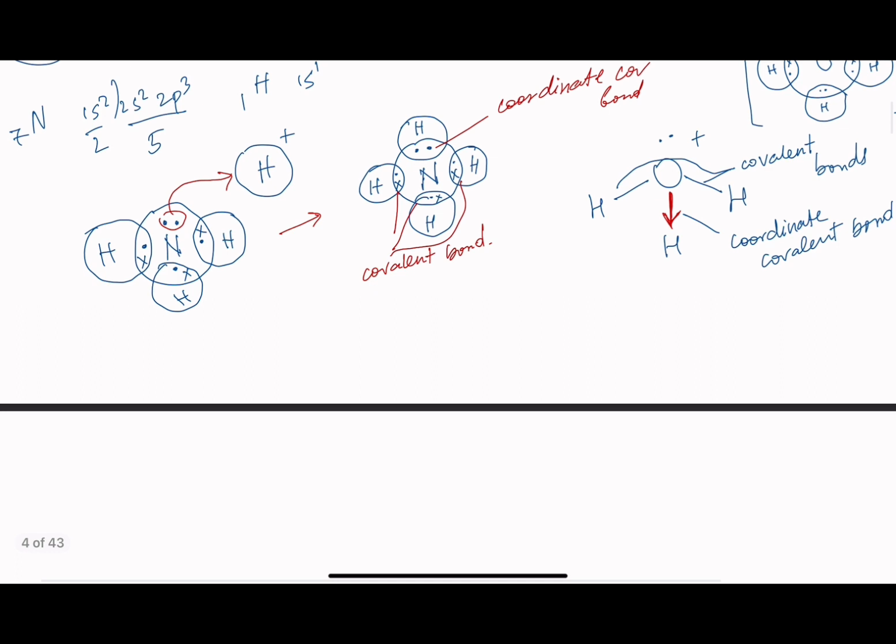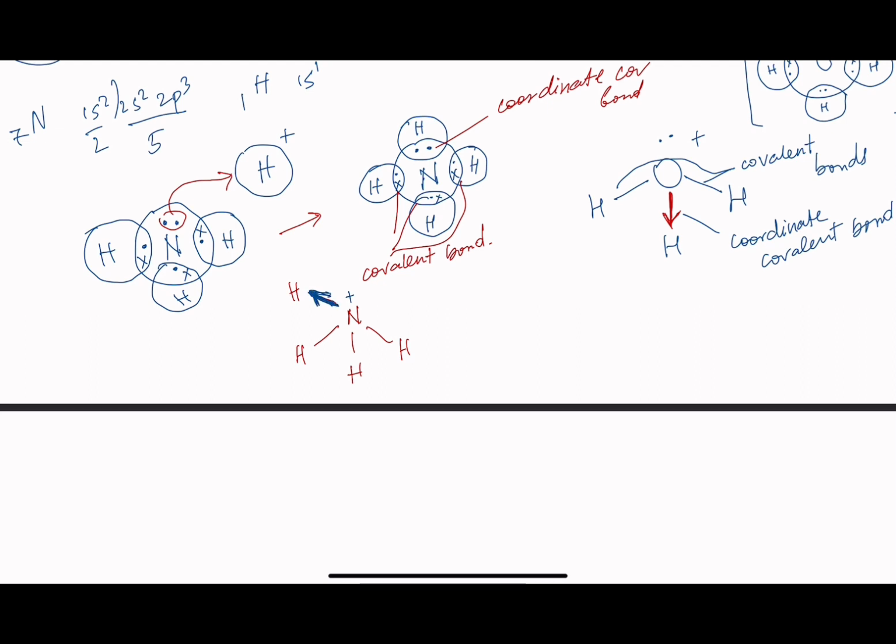Okay, and if I draw the shape, it will be looking like this: nitrogen with hydrogen, and then I got here another hydrogen, but this time I'm gonna draw this one with an arrow, showing that this is a coordinate covalent bond. The other ones are just regular bonds.